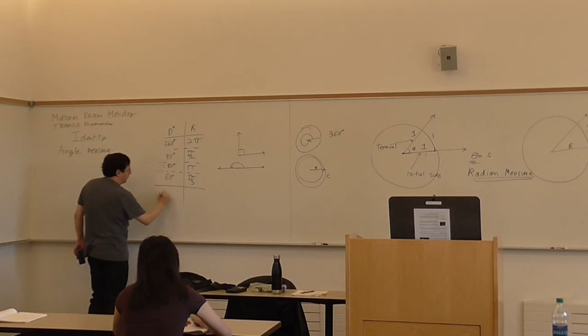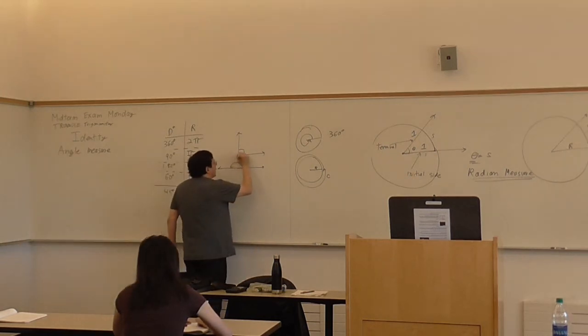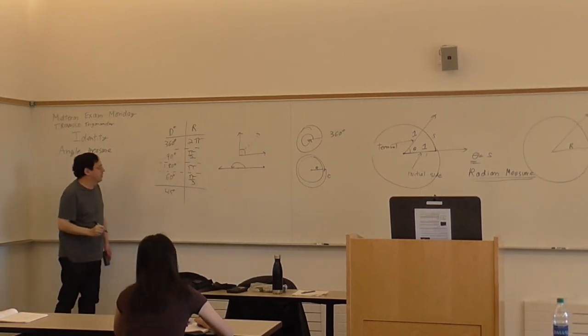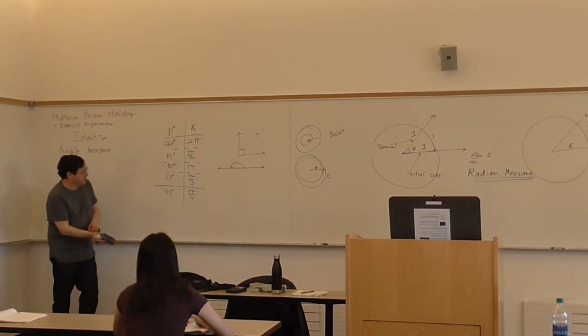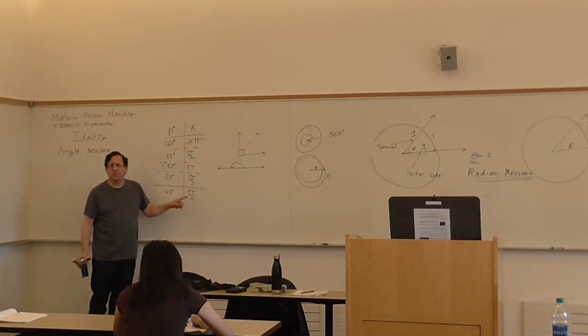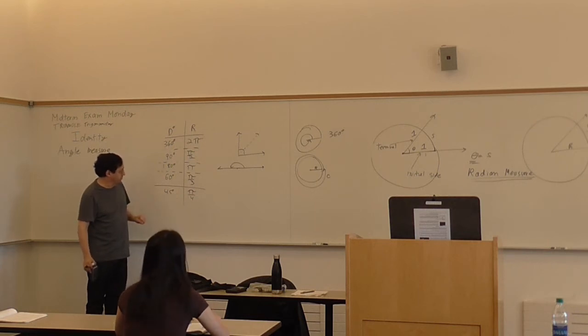And the last one that's pretty useful is 45 degrees. That's half of a right angle. Pi over 4. Even though this is a hard number to write out, any of these numbers will apply, these are exact conversions.